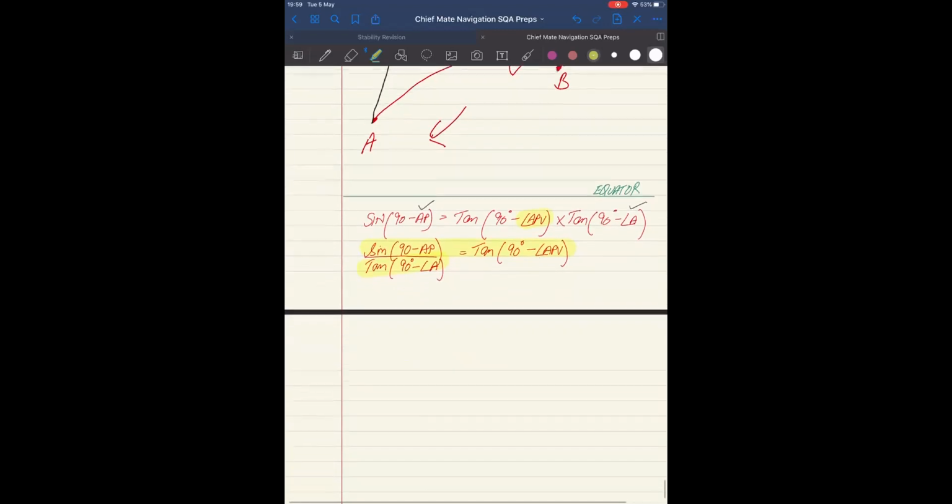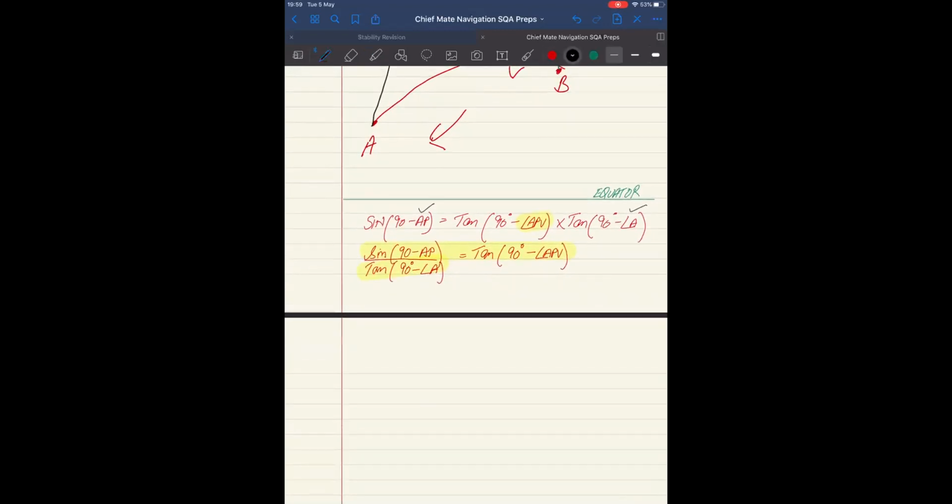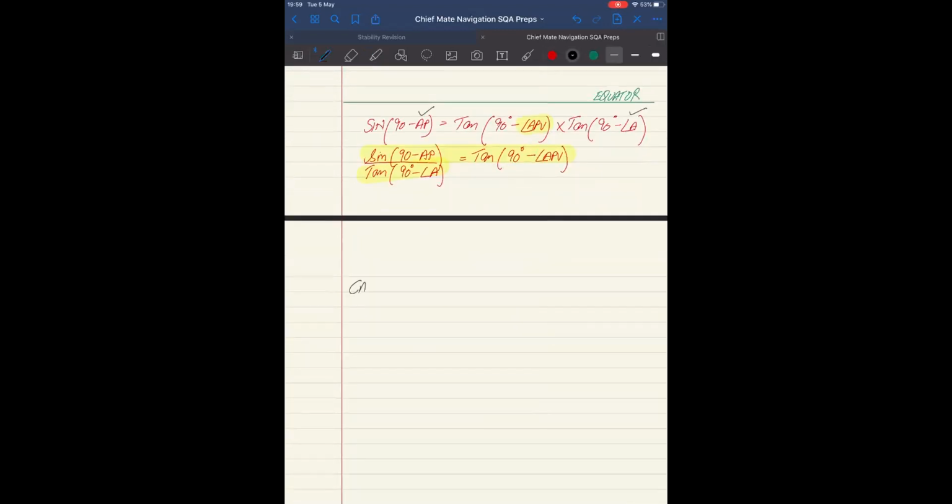So it says, calculate number 1, the distance. Number 2, the initial course. Number 3, the final course. And number 4, the position of vertex.